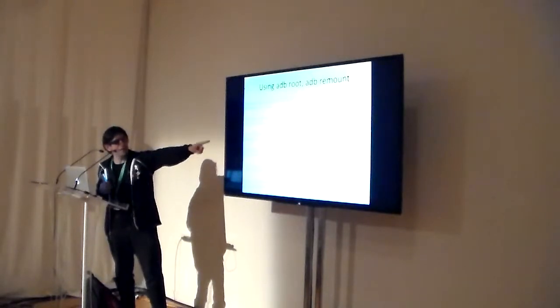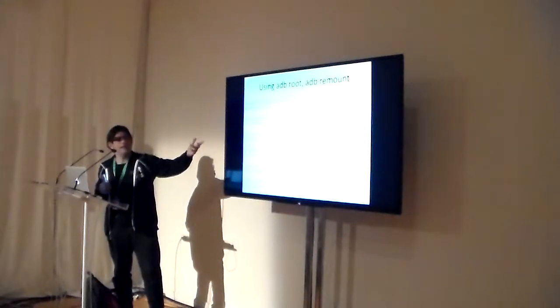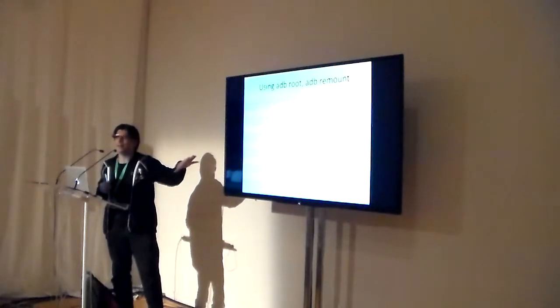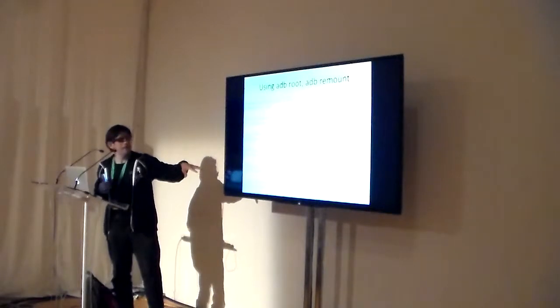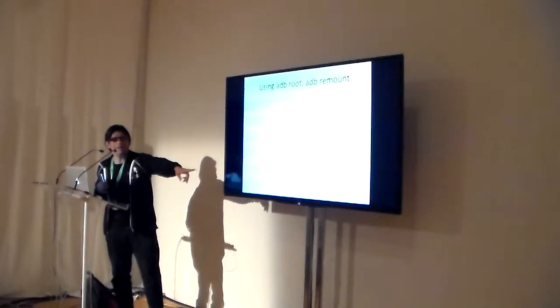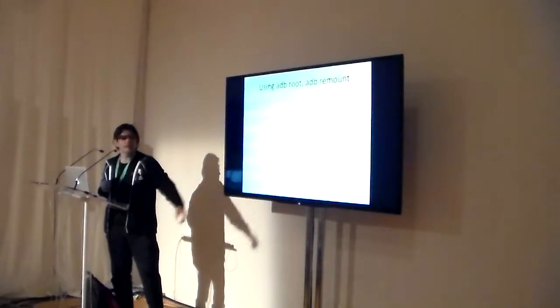So I reboot again, and then I run ADB remount, and you notice that when I reboot, it doesn't stay rooted. I think that this is a safer mode to operate in, to always have to type ADB root to get root, and then run ADB remount to be able to successfully remount the system partition as read-write.